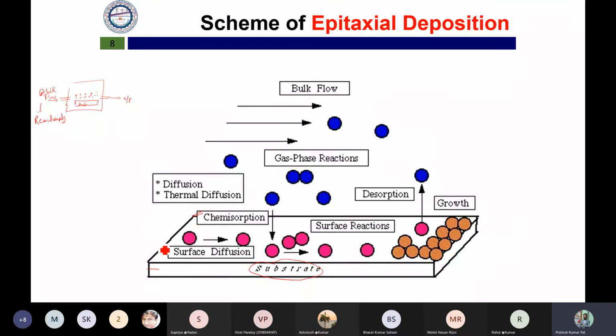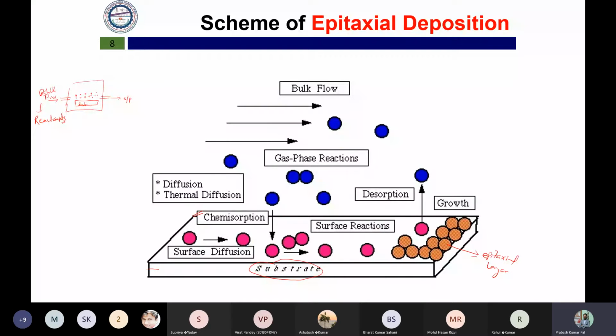A substrate will be there and we will be flowing a gas or chemical such that it will react with the substrate surface, and after the reaction some atoms will be deposited onto the substrate, and whatever layer is being deposited will be called the epitaxial layer.